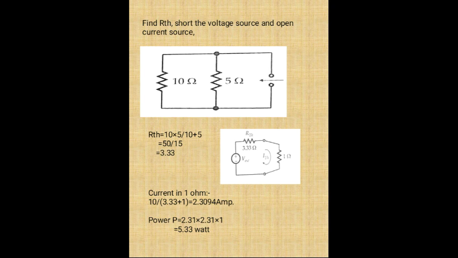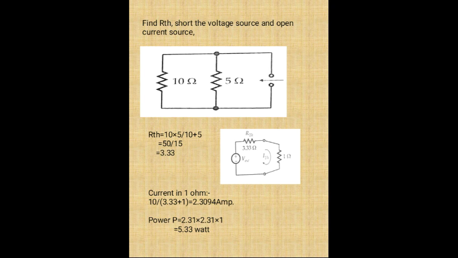Now to calculate the value of power in 1 ohm resistance, we will find the current in this branch. So applying KVL, the value of current in 1 ohm resistance is 10 upon total resistance, that is 3.33 plus 1 ohm. So the value of current is 2.3094 ampere.